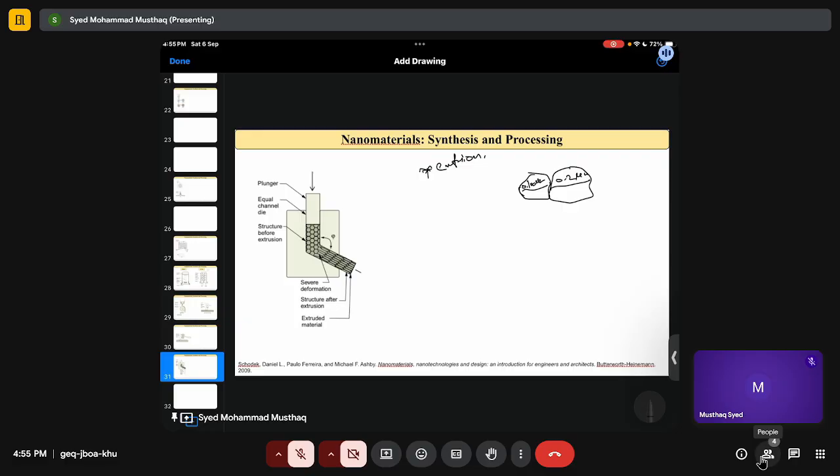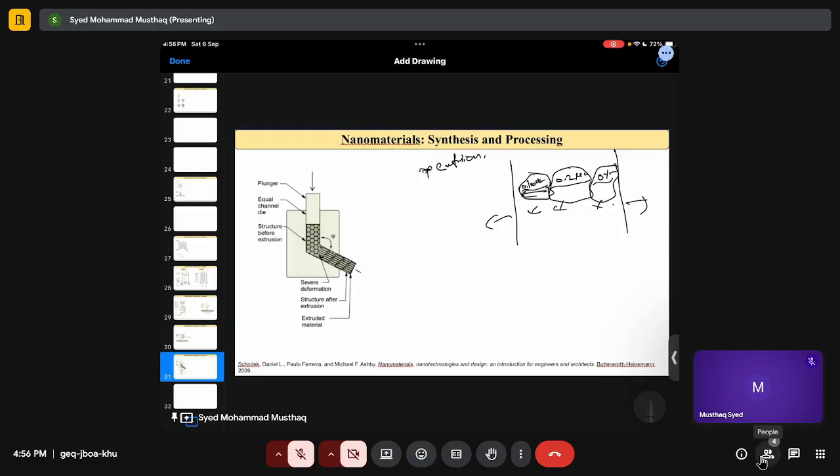Now what I'm trying to do is, let's say this is my material, a cylindrical material or any shape, which is made up of these grains. Now I want to make this a 3-dimensional nanomaterial. That means my microconstituents, the grains, should be in the nano range. So for that, I need to reduce this size. So how do I reduce this size?